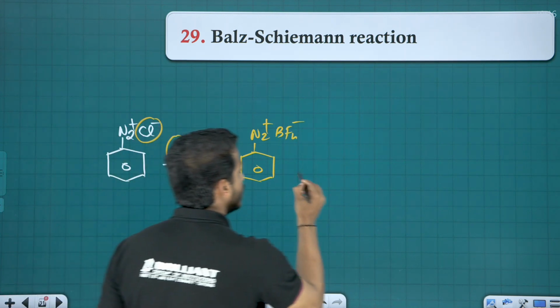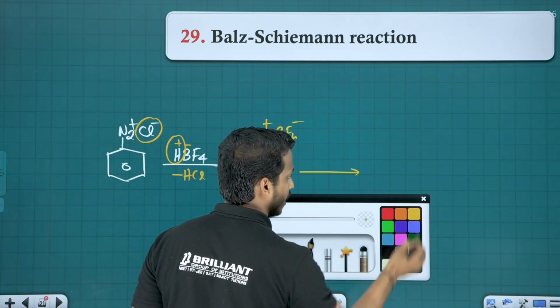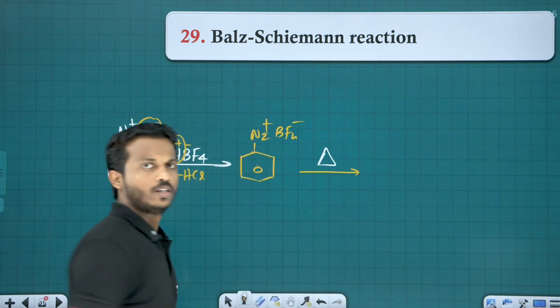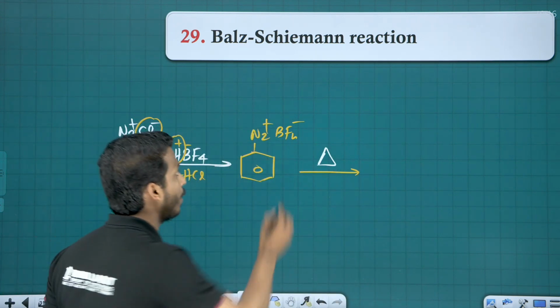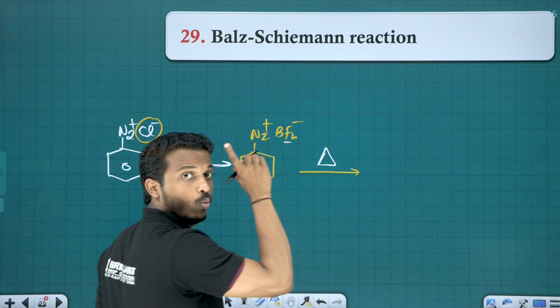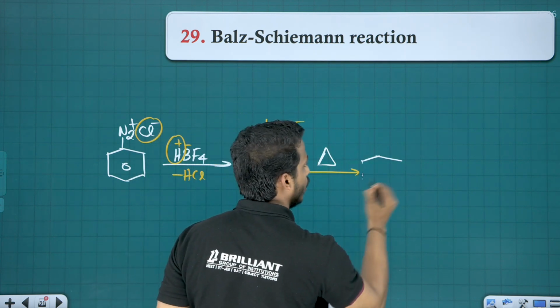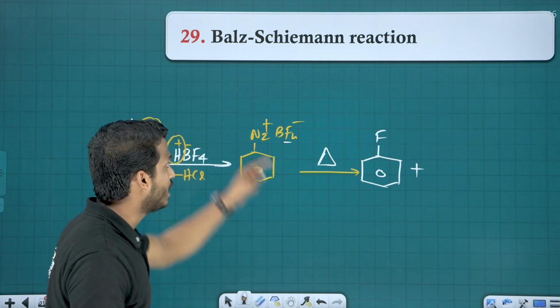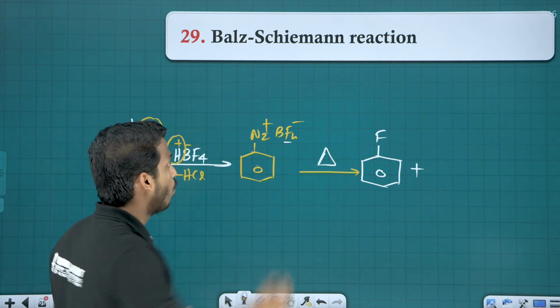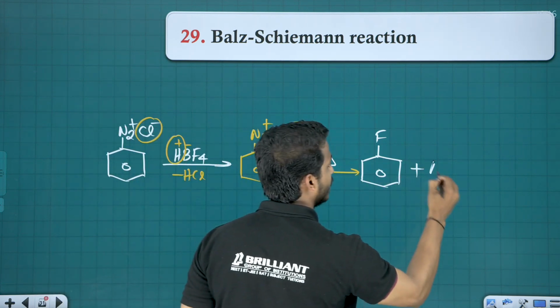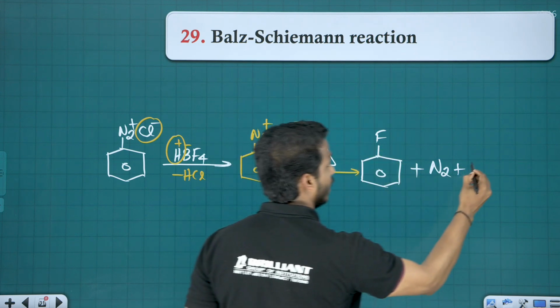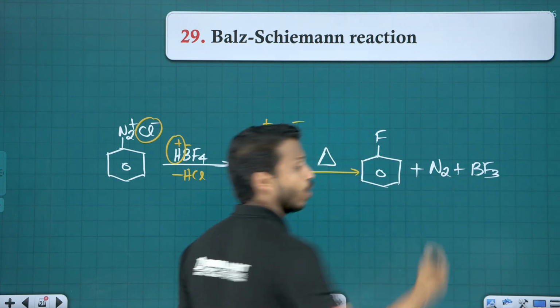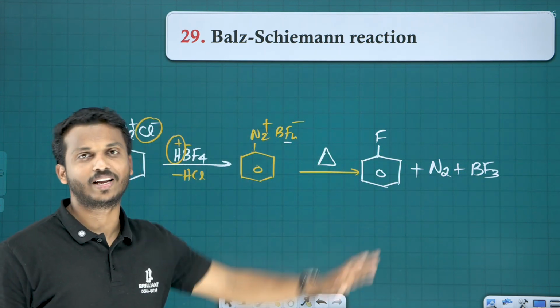Ready, all? This salt, when heated directly, you know what happens? Among the 4 fluorines, 1 fluorine is placed on benzene. So what do you get? As a product, you get fluorobenzene. And after this fluorobenzene is formed, what is left in the system? Nitrogen gas. And what is left here? BF3. That is called our Balz-Schiemann reaction.